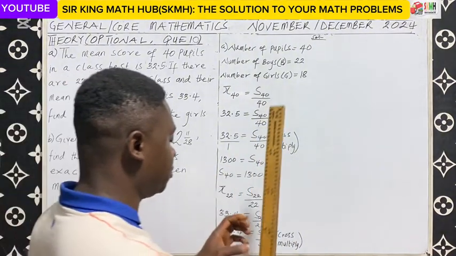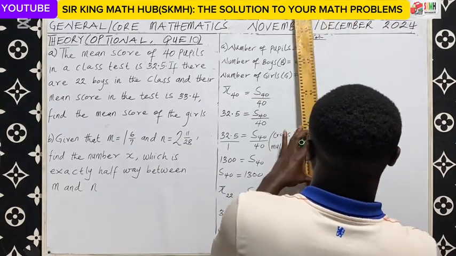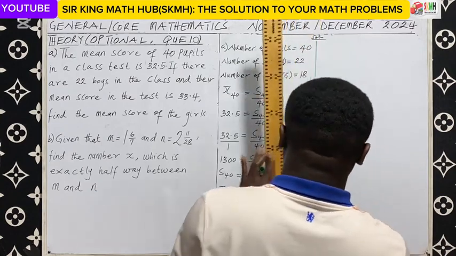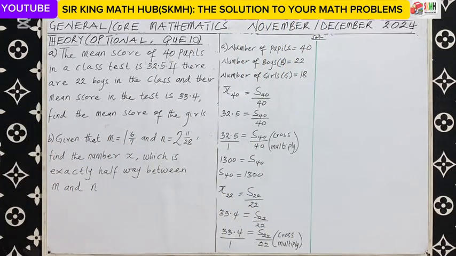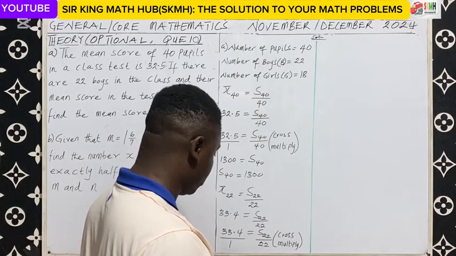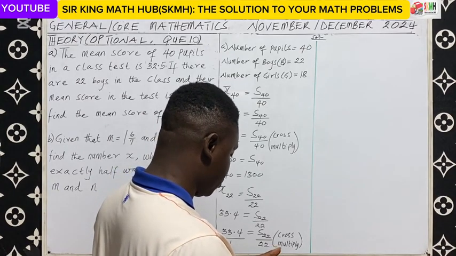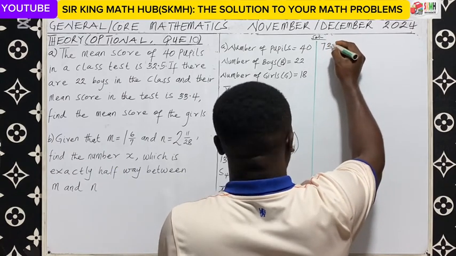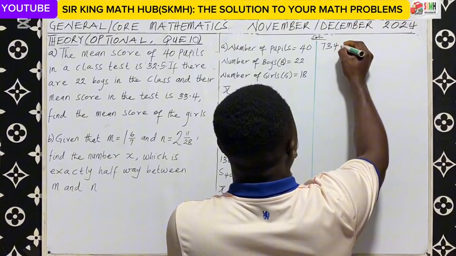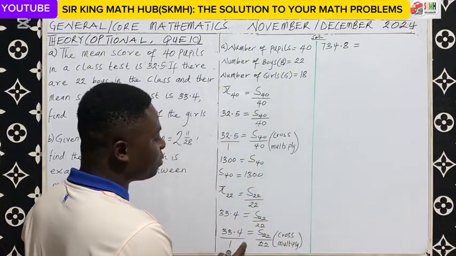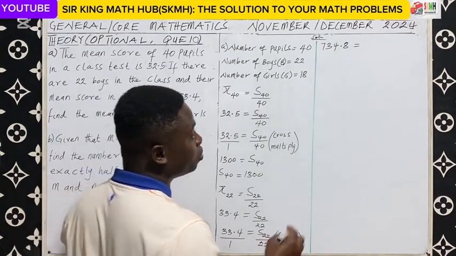So let's do that. Now 33.4 multiplied by 22, we have 734.8. And this should be equal to 1 multiplied by s subscript 22.